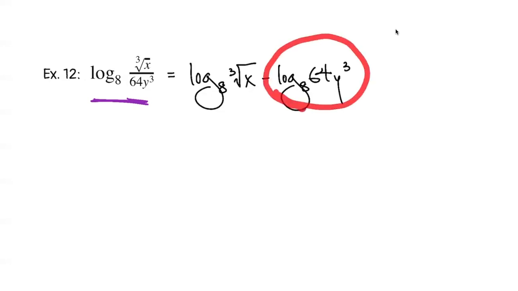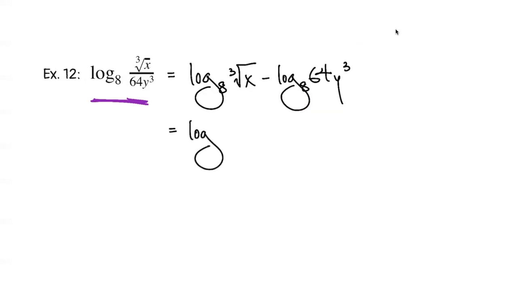Can I unpack this one even more? Yeah, you could separate the 64 and the y to the 3. And what sign would I put in between those?